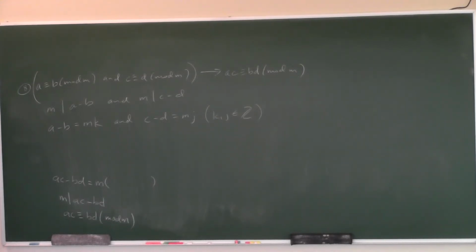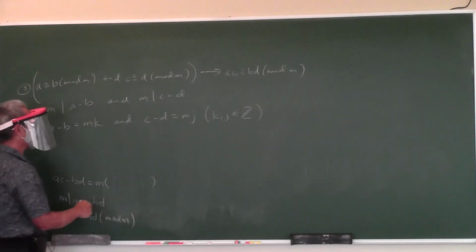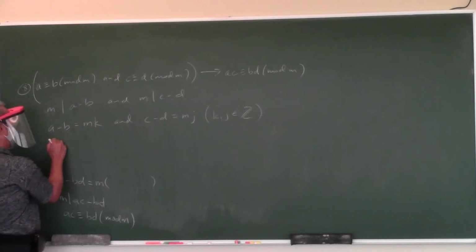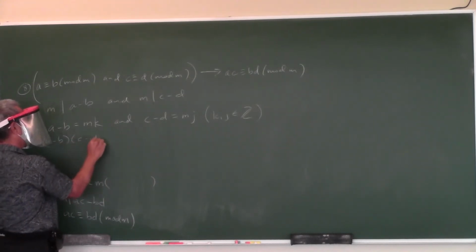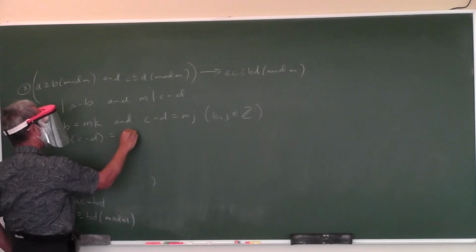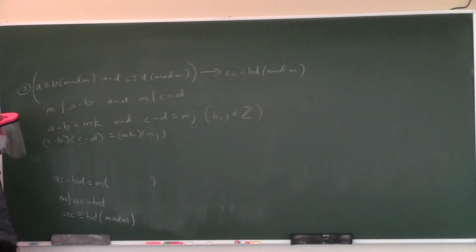Multiply the equations. So go this times this, and then this times this. Okay, so therefore A minus B times C minus D is equal to M times K times M times J. Okay, what would be the next step then?